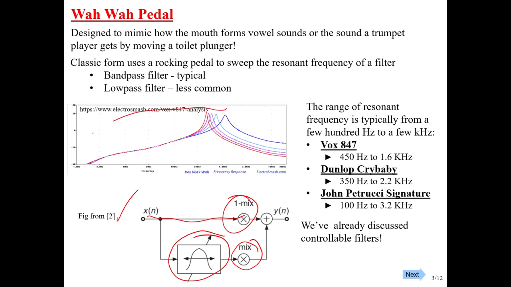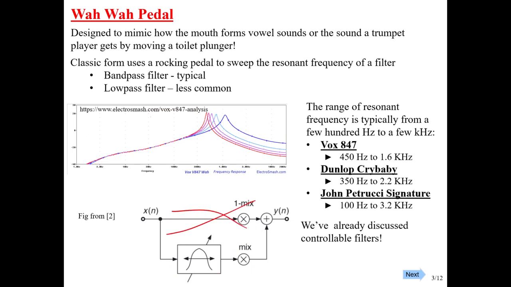This Vox 847 doesn't look like it has any direct in, and I don't think it has a mix control. So you could just eliminate this path if you wanted to, but this is just a little more general. And you could set the mix to 1, in which case this would become 0 and that would be gone.